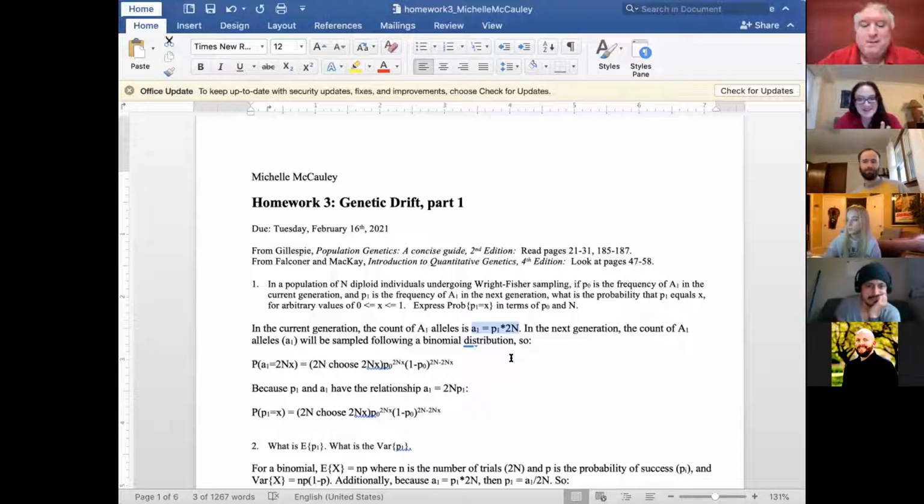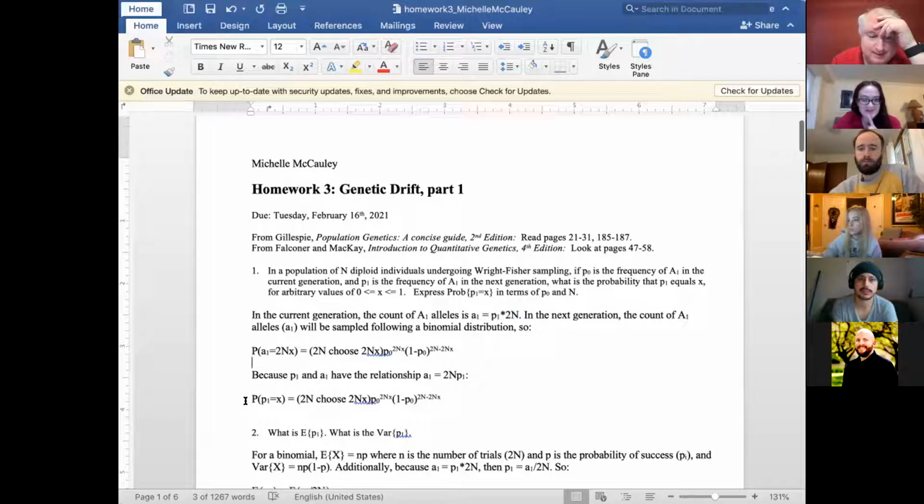But you're confused about why it's correct. Yes, I'm confused about why it's correct. So once you do that, you can plug in the probability that your count is 2nx is 2n choose 2nx times p naught to the 2nx times 1 minus p naught to the 2n minus 2nx. And then that is essentially the same as the probability of p1 equals x.